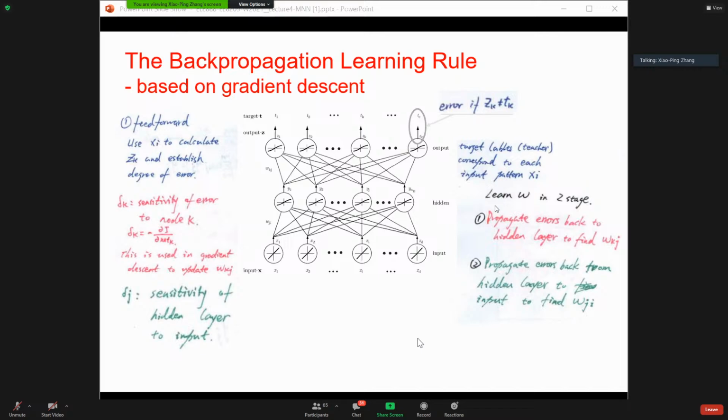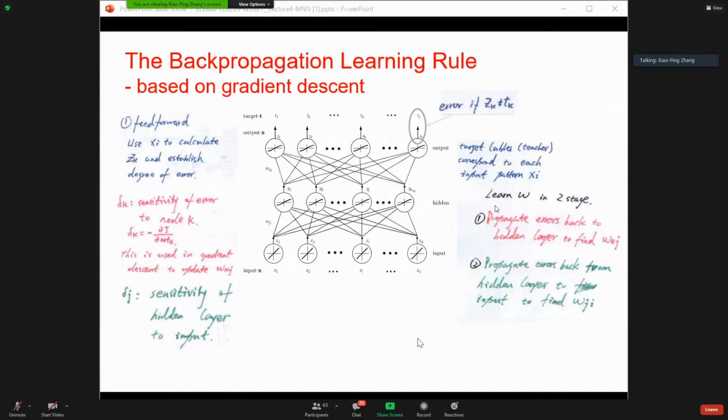So first is TK minus ZK, right? And then propagating to the next layer, it becomes delta K, right? And that next layer is delta J. Delta J in this case is between the input layer and the hidden layer, right?